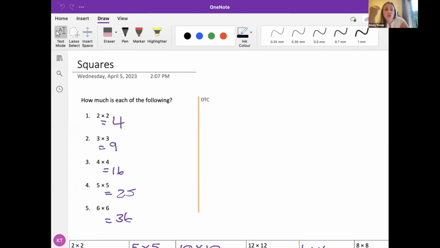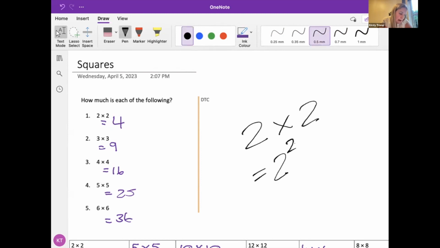Instead of saying 2 times 2, we can say 2 to the power of 2, so 2 raised to the power of 2. It's got a 2 and its exponent is 2. There are a few different ways to say it, but one of the easiest is 2 squared.